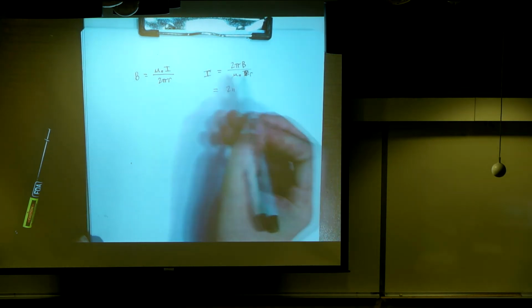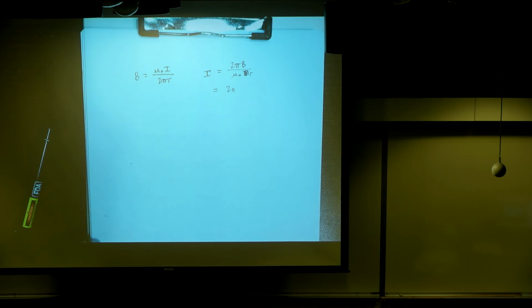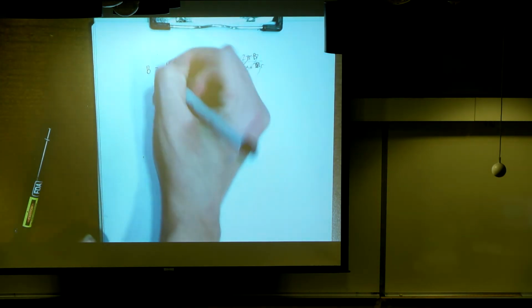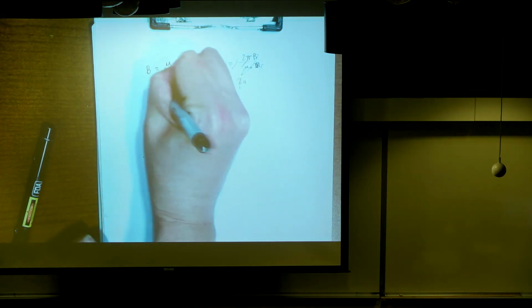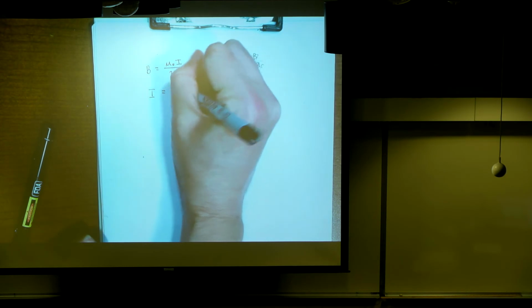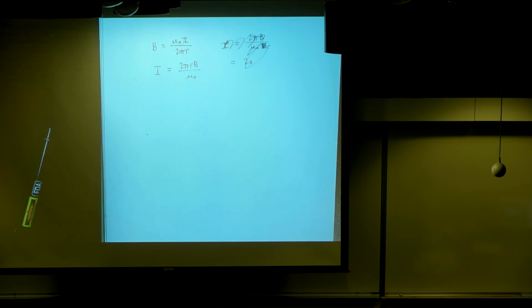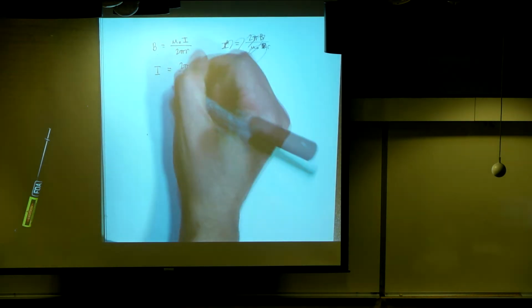R is down here, I is up here. Is that right? No, that's not right at all. Okay. Third time's the charm, guys. All right. I equals 2 pi r times B divided by mu naught. I always screw up the dumbest things. There we go.